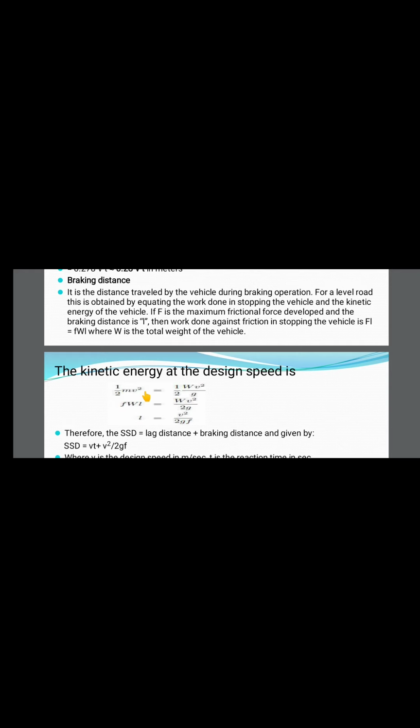In the earlier calculation we used v in kilometers per hour. You can do the conversion, that is 0.278 vt, and convert the other term as well, so that you get the result in kmph. The coefficient of friction f for various design speeds has been listed in the table here.